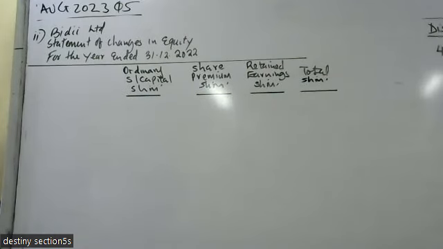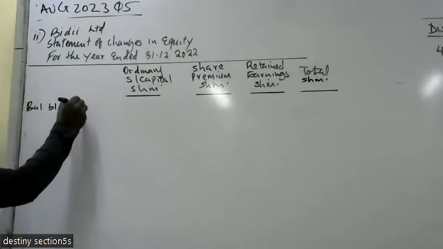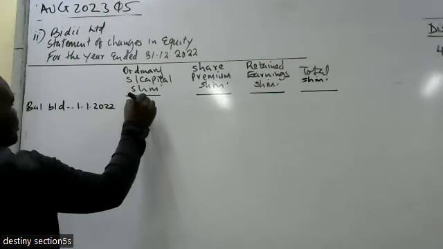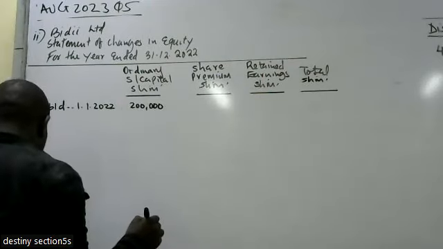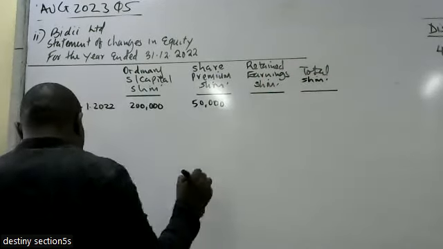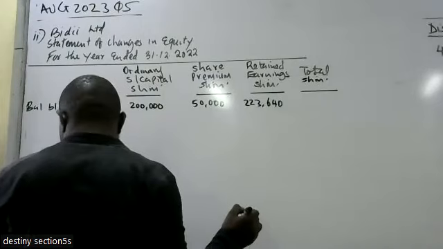So you will start with the balance brought down. So balance brought down, that is 1st January 2022. So ordinary share capital, I'm seeing 200. I'm seeing 50 for premium. I'm seeing 223,640 for retained earnings.